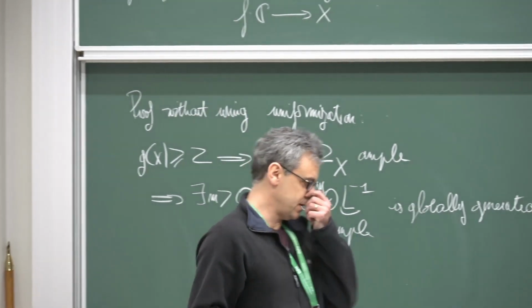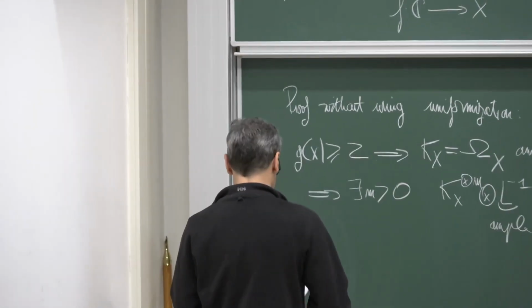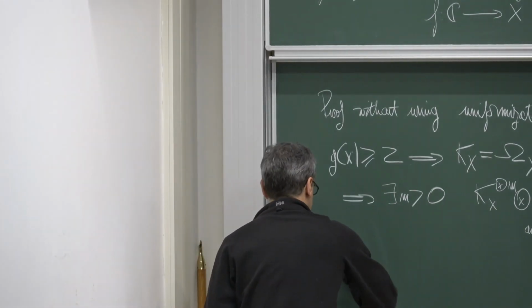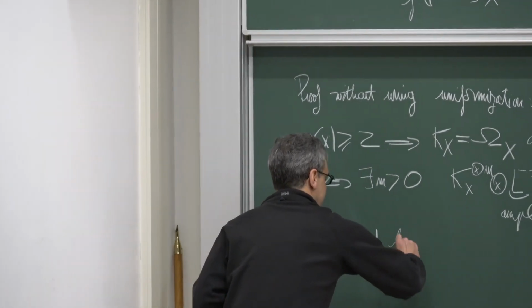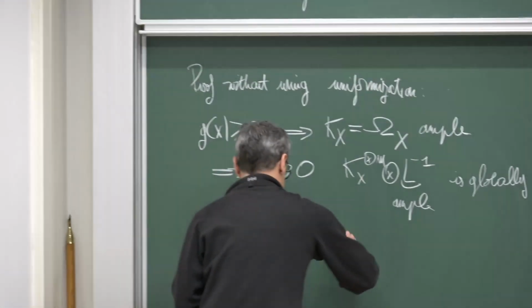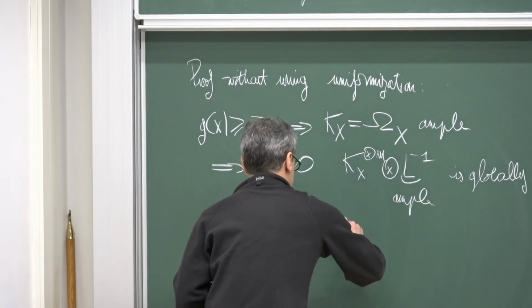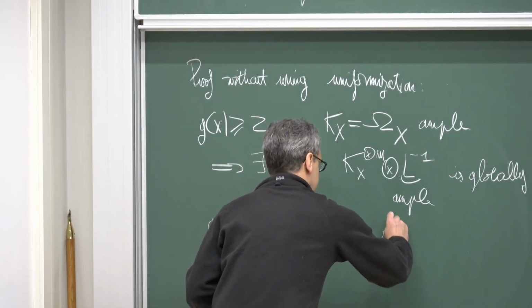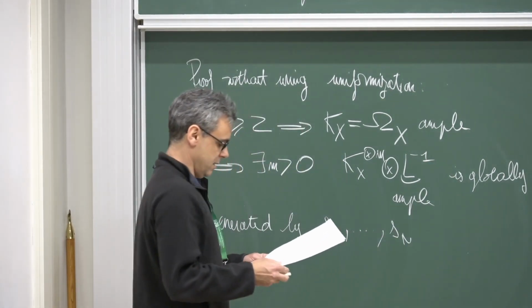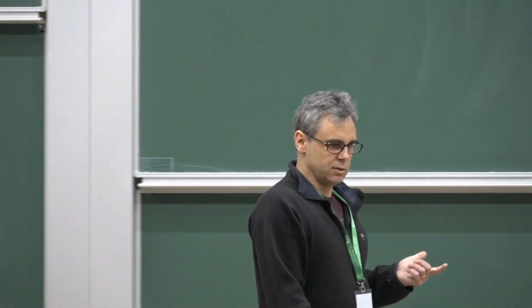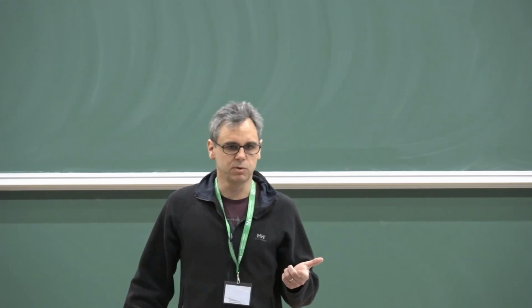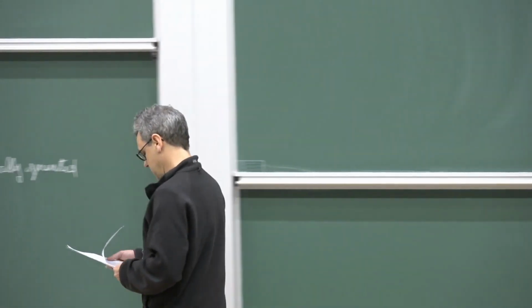So you can find such global differential forms, generated by global sections. Let's call them S1 to Sn. Okay, and now you will use these sections to cook up a metric which has negative curvature. And this will do the job.